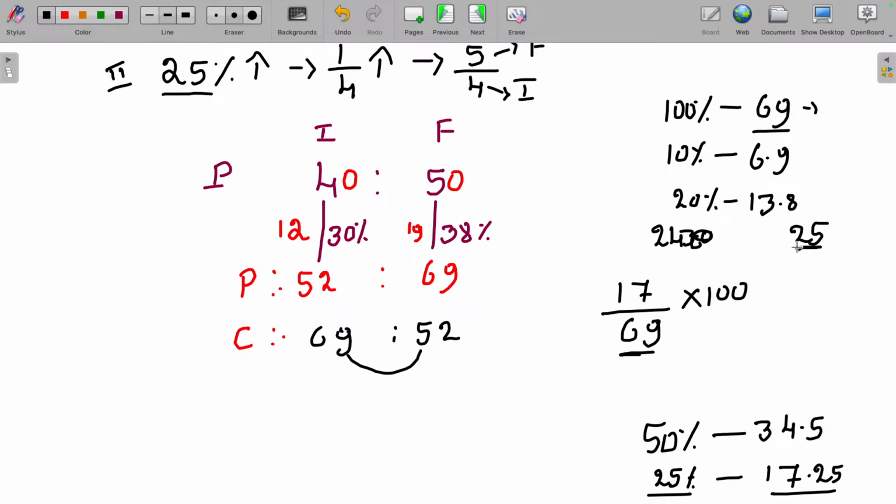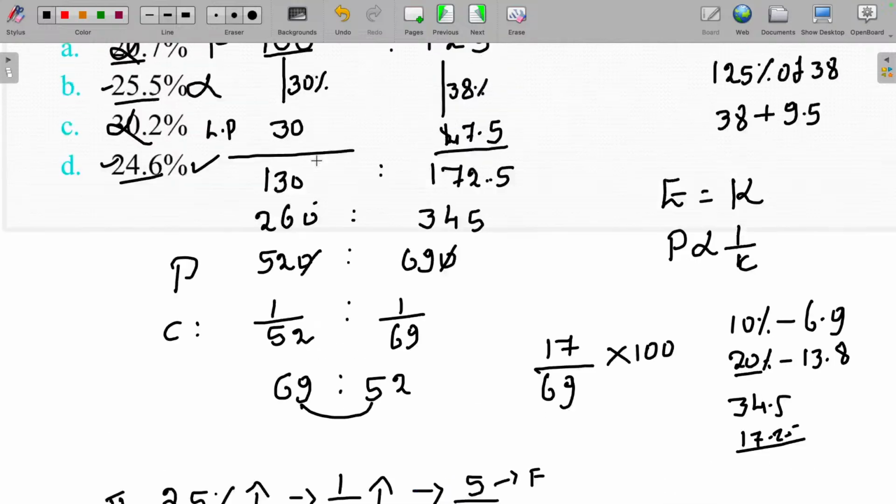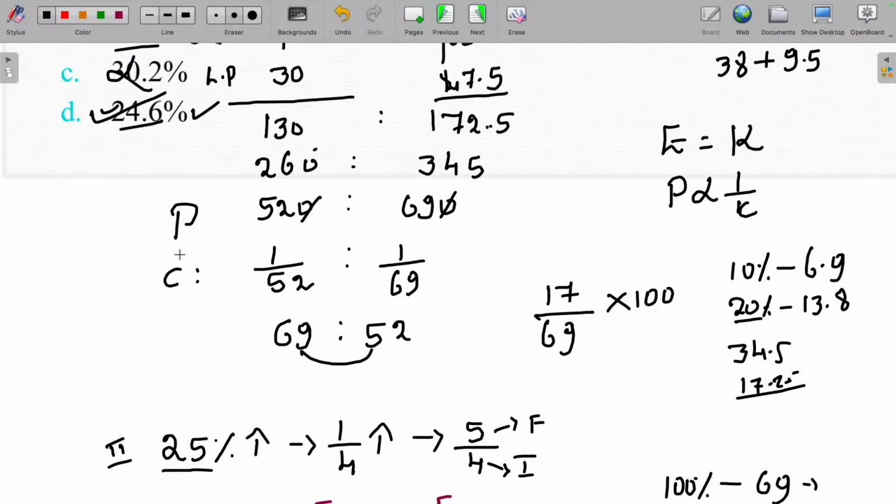I have option 25.2 and 25.5, which is more than 17.25 percentage, but I want less than 17.25, so the answer will be 24.6. I hope it is clear now.